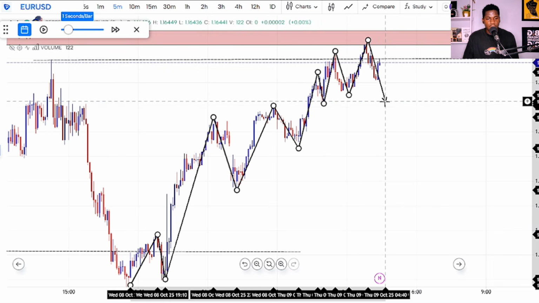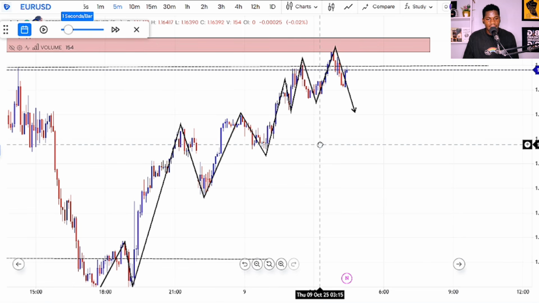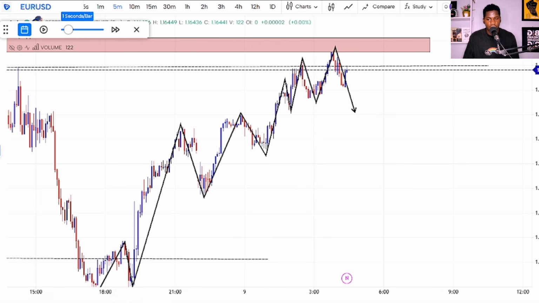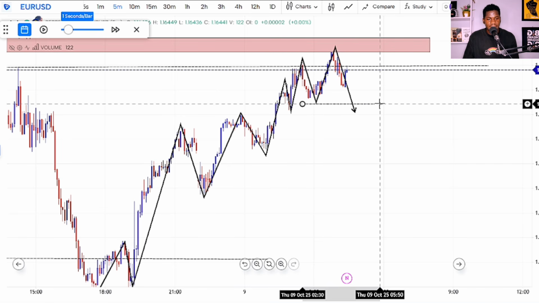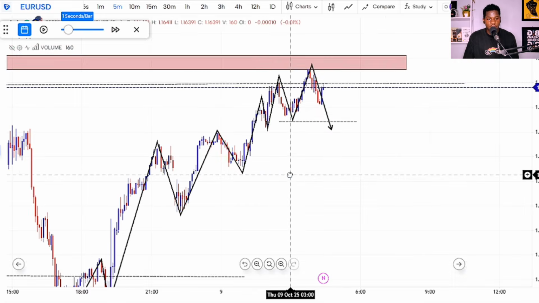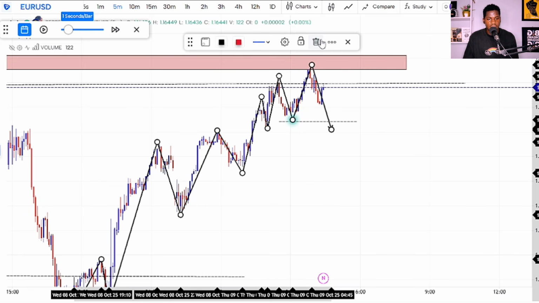Now, I want to see price break this low here before I get any entry. If price breaks this low, then it gives me a strong edge for an entry confirmation.